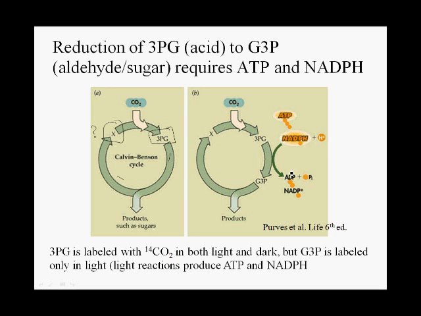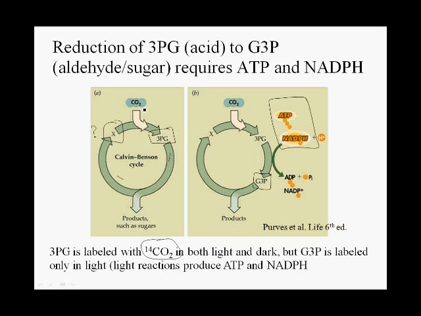And then ATP and NADPH are produced by the light reactions to convert 3-phosphoglycerate to glyceraldehyde 3-phosphate. And what they saw is that 3-phosphoglycerate becomes labeled with radioactive carbon dioxide, in both light and the dark.